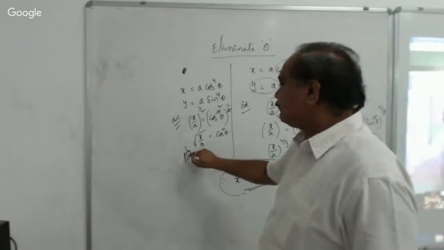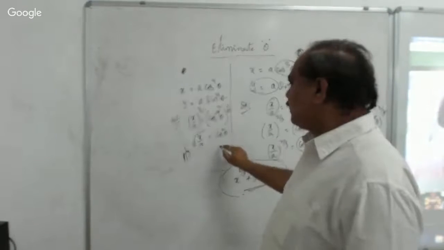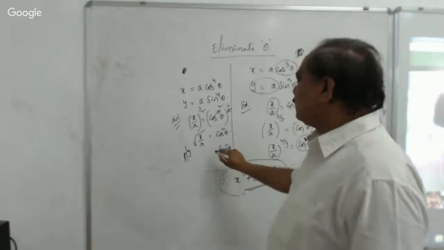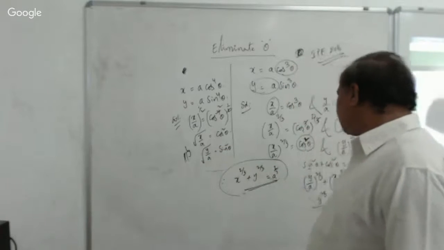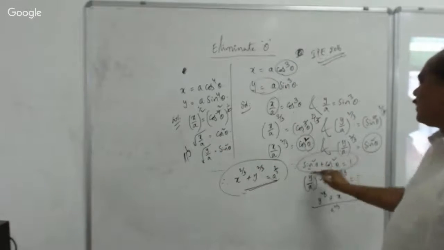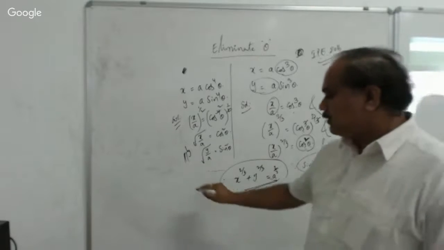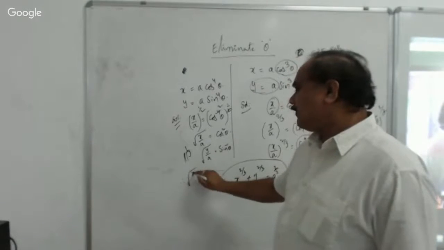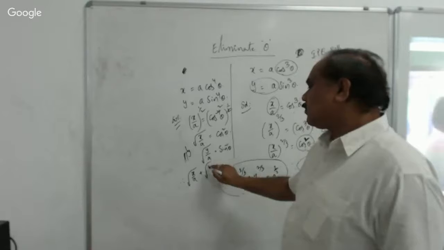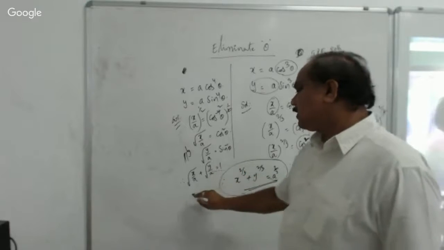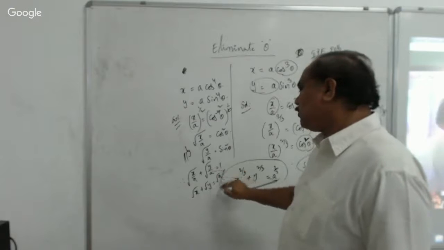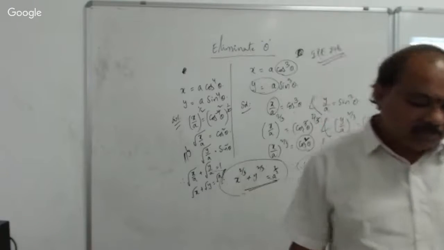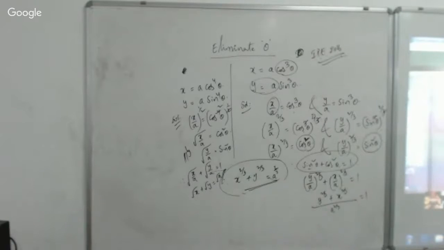Similarly, from the second equation, sin square theta equals the square root of y by a. We know that sin square theta plus cos square theta equal to 1. Therefore, root of x by a plus root of y by a equal to 1. That is root x plus root y equal to root a. An important model we have learned. Done.